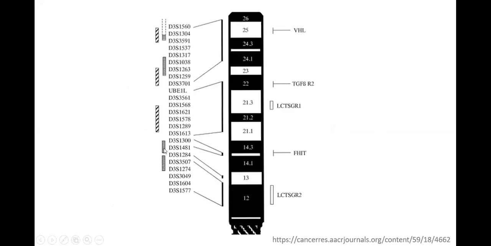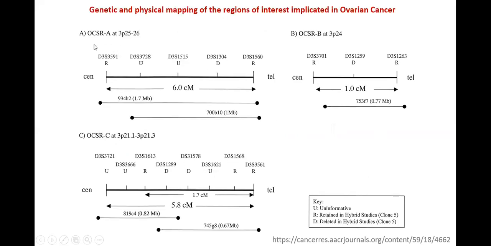So again, take ovarian cancer: you build a genetic map and a physical map. This is the genetic map based on recombination frequencies, and this is the physical map based on the contigs. The genetic map gives the calculated recombination frequencies. Given the gene on chromosome 3p, different locations are there, 25, 26, 24, with different recombination frequencies based on the markers.